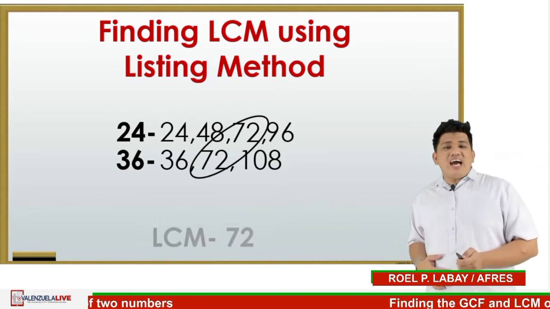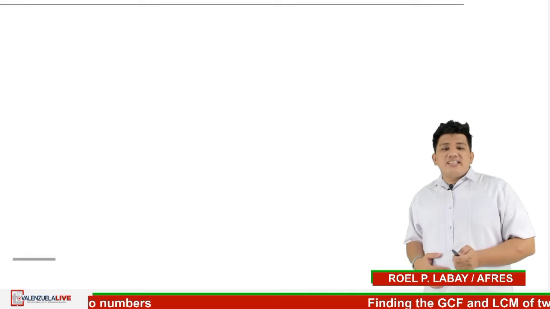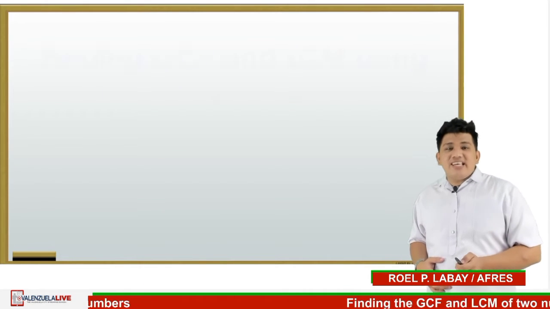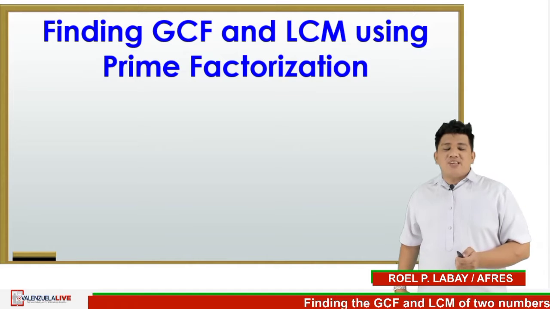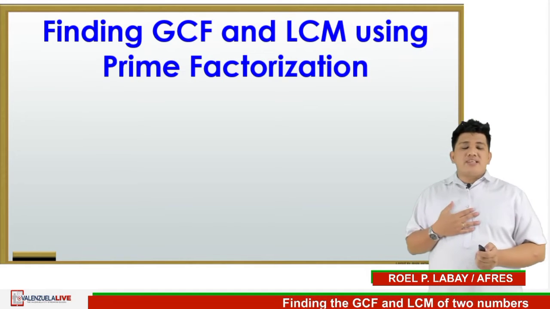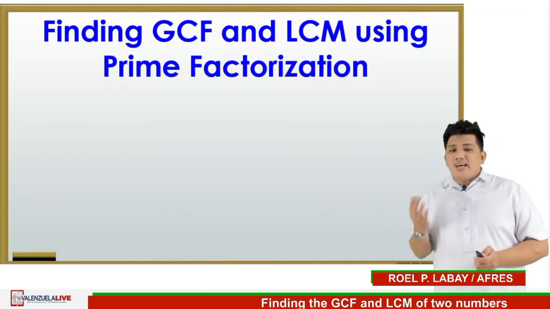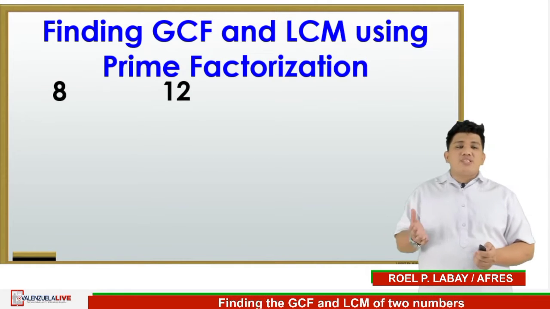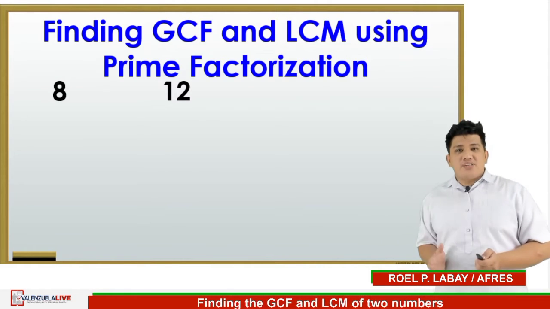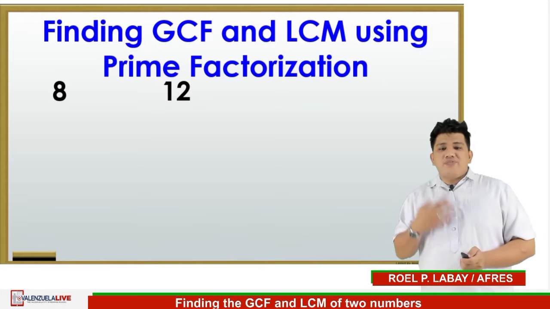Let's discuss now how to find the GCF and the LCM of two numbers by using the prime factorization. Let's find the greatest common factor and the least common multiple of 8 and 12 by using prime factorization. Let's find the prime factors of 8 and 12.